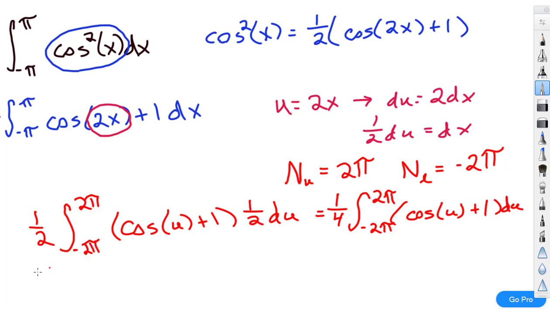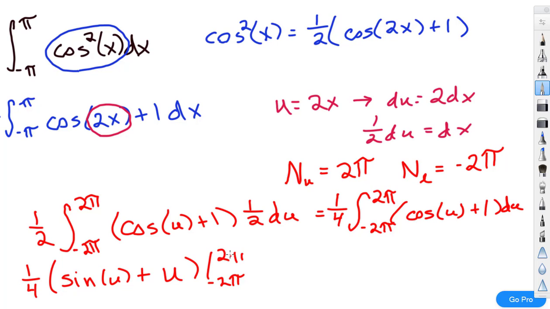Now this actually isn't too bad because I know the antiderivative of cosine is sine, and the antiderivative of 1 is just u, so I need to evaluate that from negative 2 pi to 2 pi.